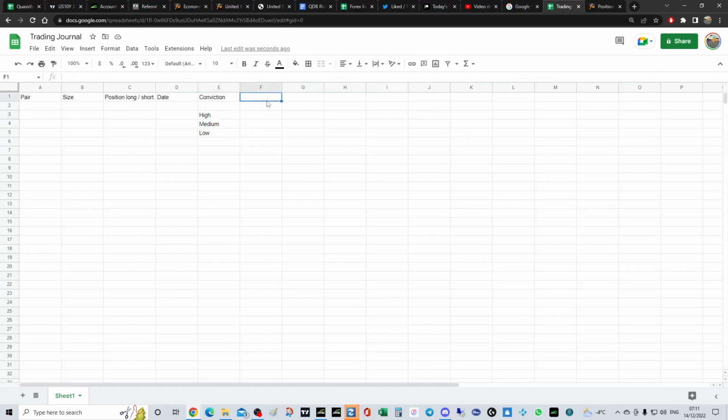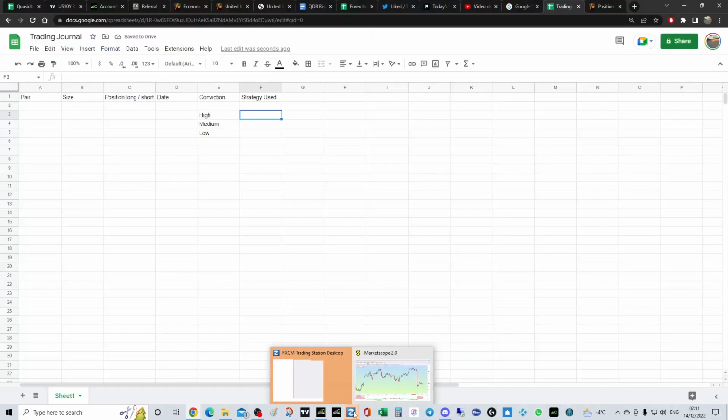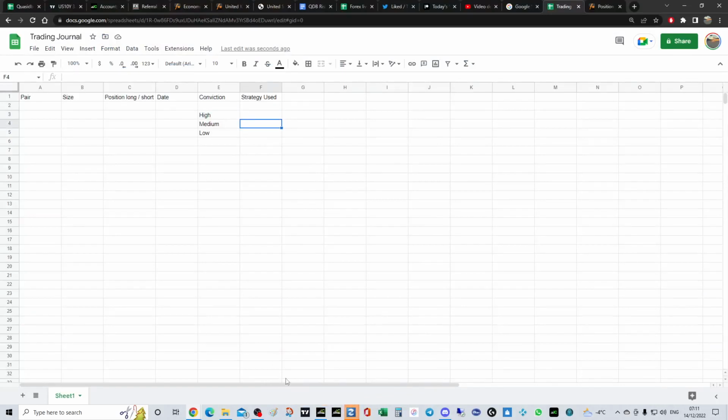And then you've got the strategy used. That can obviously depend on what strategy you're using. Currently we're looking at the sentiment and the MA crossover in FXCM, so it might be a trade based on that. It could also be a trade based on the better volumes, or whatever strategy you're using currently.